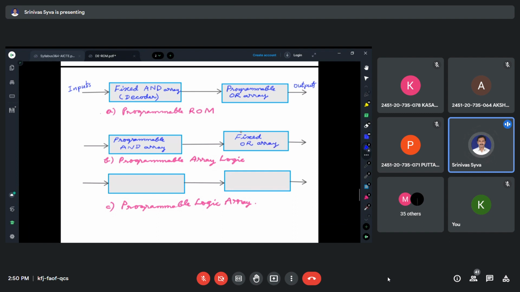Array means a group of OR gates, here a group of AND gates. And in the next one, both are programmable: AND gates are programmable and OR gates are programmable. So here we will mention programmable AND array, programmable OR array.